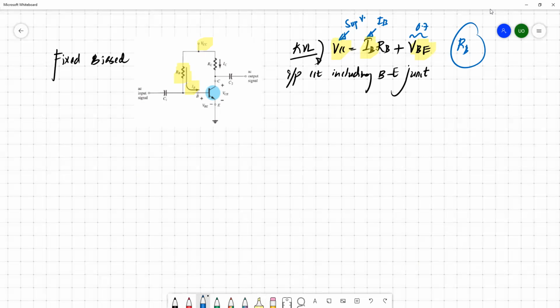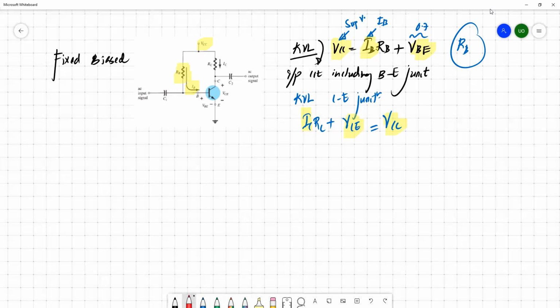Similarly, you can apply Kirchhoff voltage law for the collector emitter junction. Then you can show that IC RC plus VCE equals VCC. This is known for the biasing point. This is again known. IC is also known.